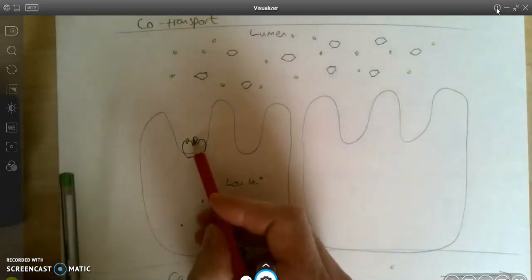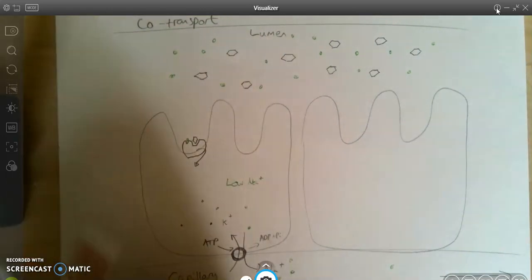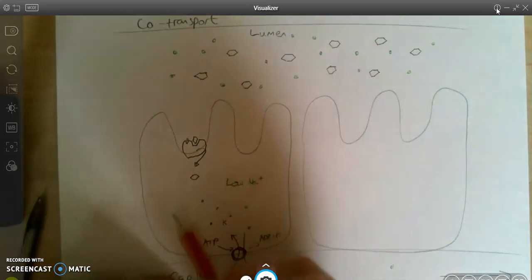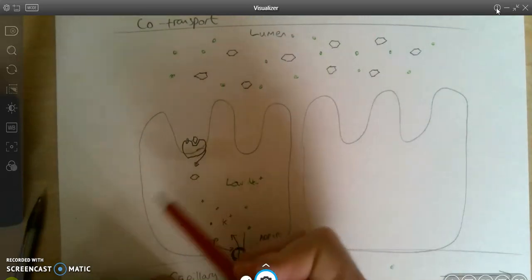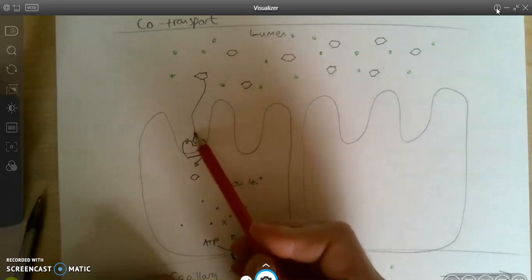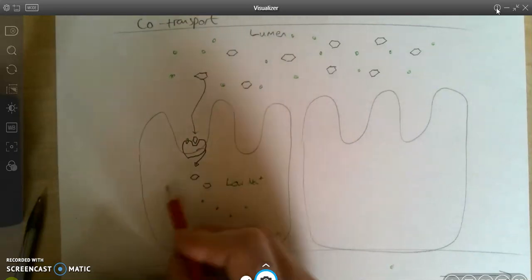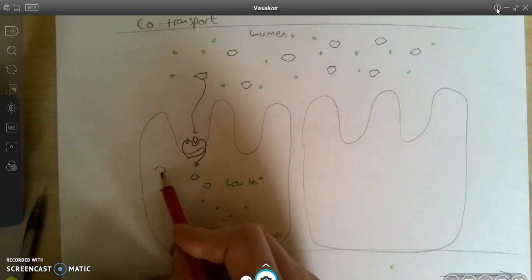And when both are bound, it will change shape, drag them onto the other side of the phospholipid membrane, and release the glucose onto this side, and therefore into the cytoplasm. It doesn't use ATP. It's dragging glucose against a concentration gradient eventually, but it finds the energy to do that by using the potential energy of this sodium ion gradient.